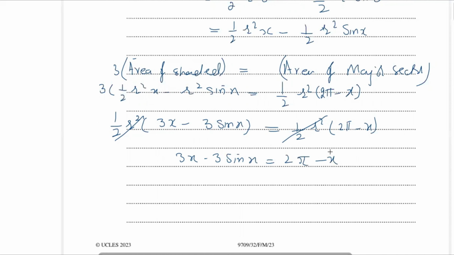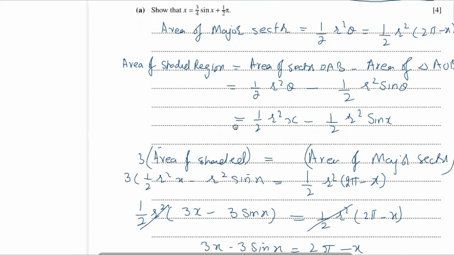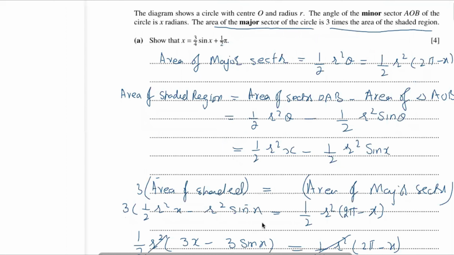X will be shifted from right to left side, that becomes 4x equal to 2 pi plus 3 sine x. Now x will be equal to 2 pi over 4 plus 3 over 4 sine x. And this can be written as pi over 2 plus 3 over 4 sine x. Now this is the expression we have to prove, x equal to pi over 2 plus 3 over 4 sine x.